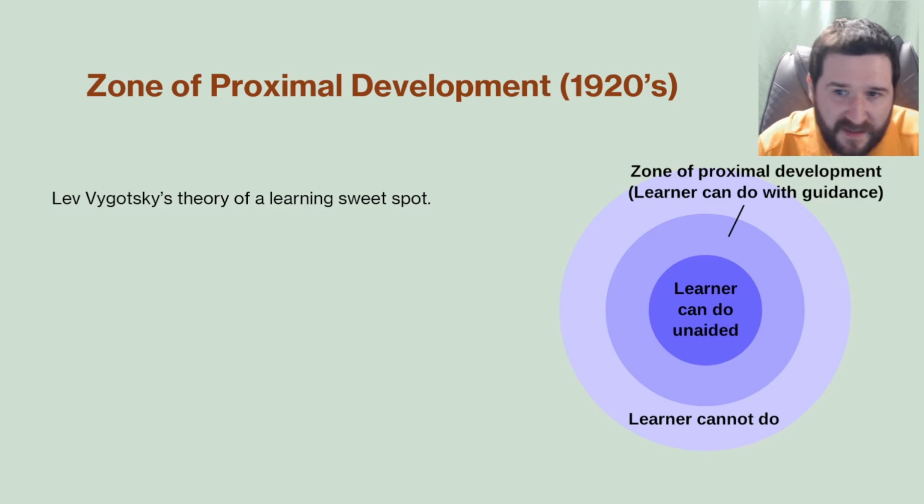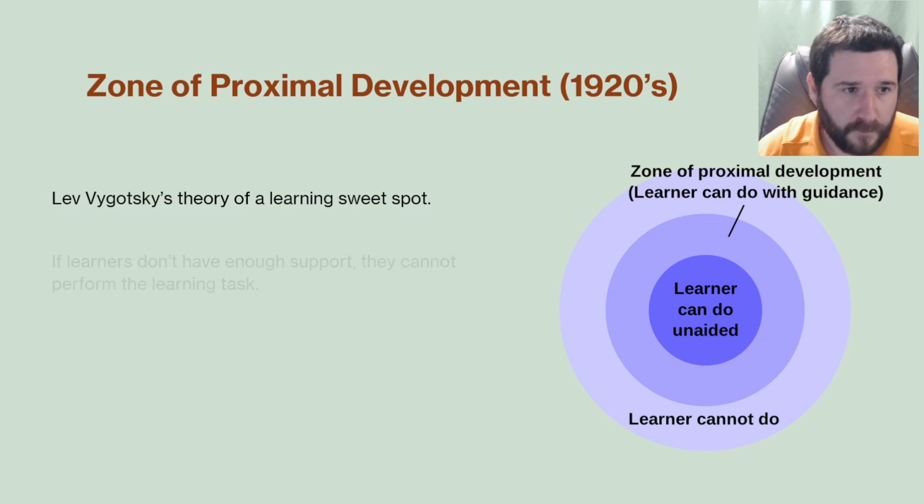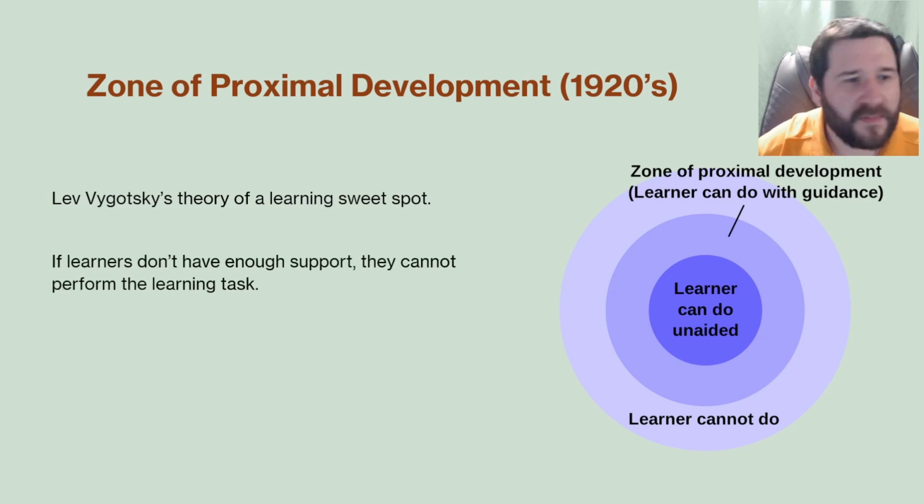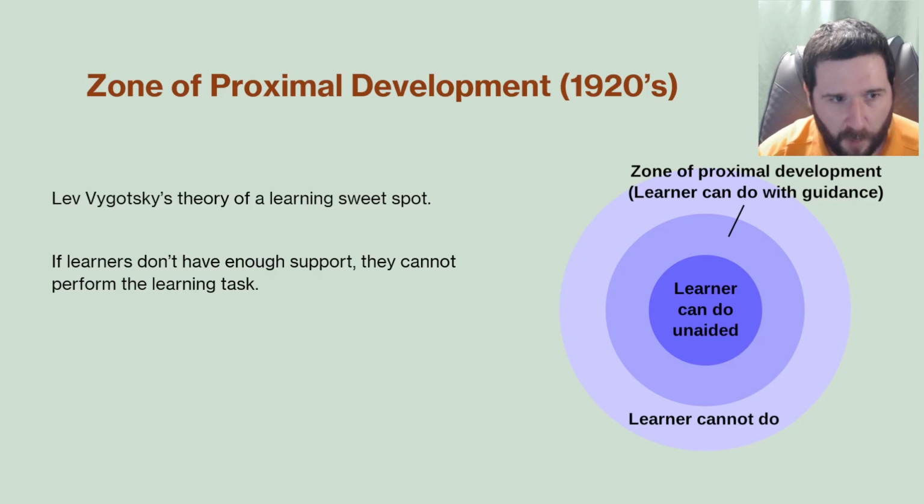And you can imagine this is hard to find because each learner is different and the amount of help we can give them also varies, right? But just some things to think about. If our learners don't have enough support, they won't be able to perform the learning task. So first and foremost, when we're scaffolding, we have to give our learners enough support so that they can be successful.